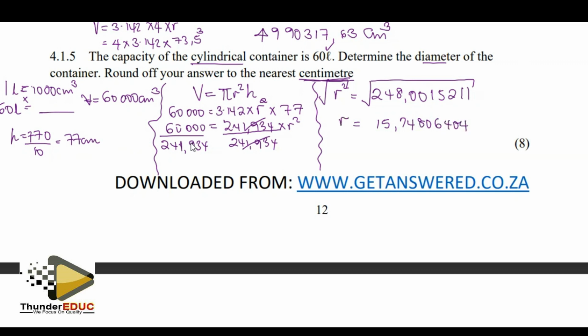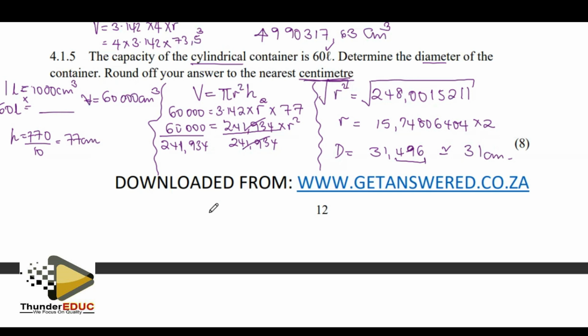Now our radius is this much. I need to multiply by 2 because I'm looking for the diameter. So my diameter will become 31,96, which is approximate, because they said to the nearest centimeter. So we don't need the commas. So it is approximately 31 centimeters.